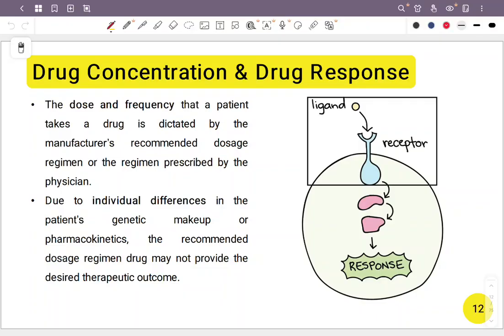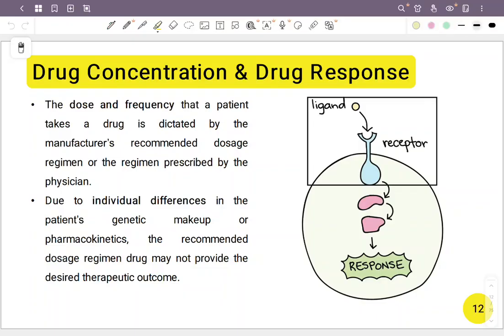Then mauna na siya ang makita ninyo sa drug label na recommended dosage depending kung ano yung population natin. Then dili pud na siya ang atong final say, kay ang final say man jud kay ang physician nato kung unsa ang i-prescribe sa atong physician na dose and frequency sa drug, mao man jud na ang i-follow.